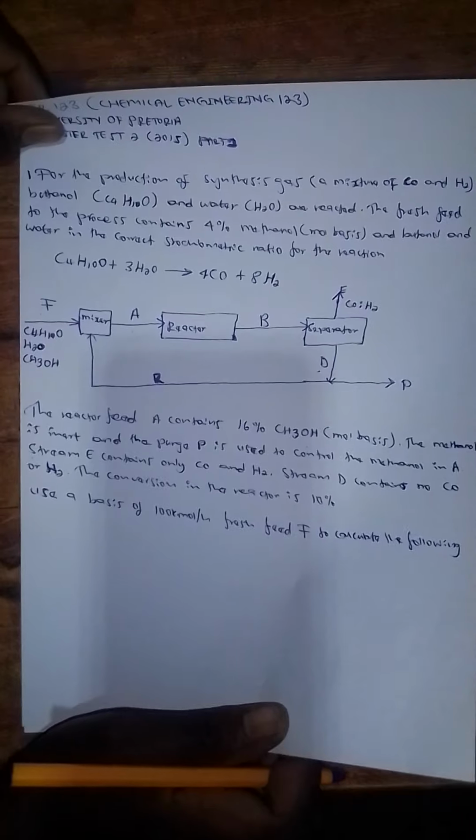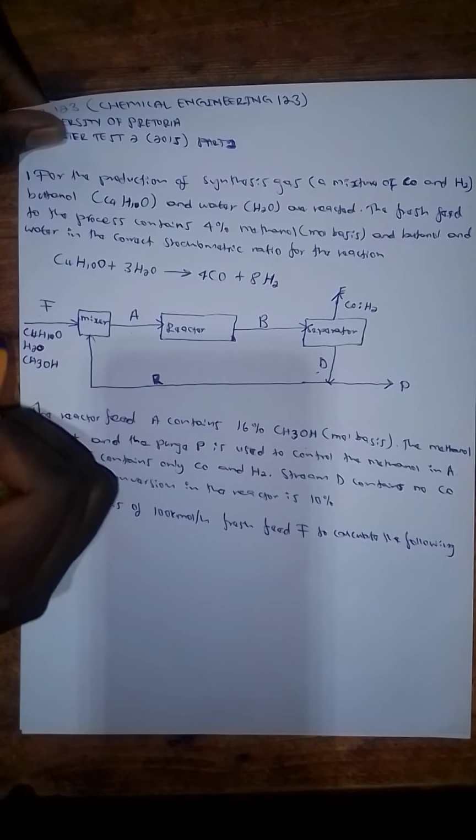Now that we have our first equation, because we have three unknowns, we need three equations. The second equation is a methanol, CH3OH, balance around the mixer again. We have the composition of methanol here.